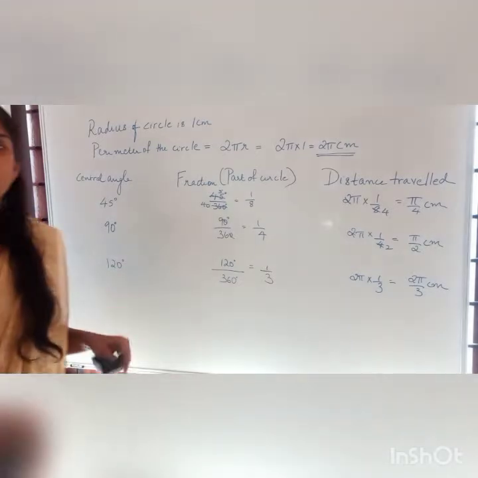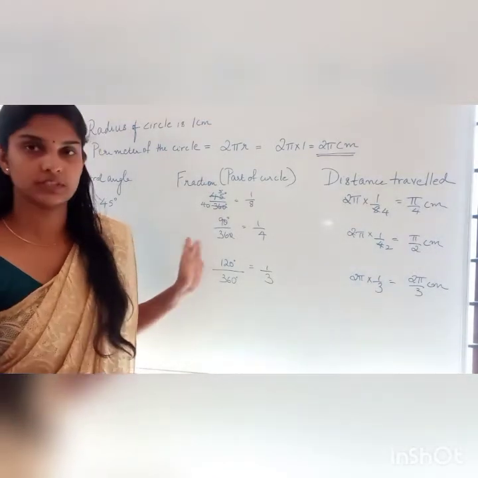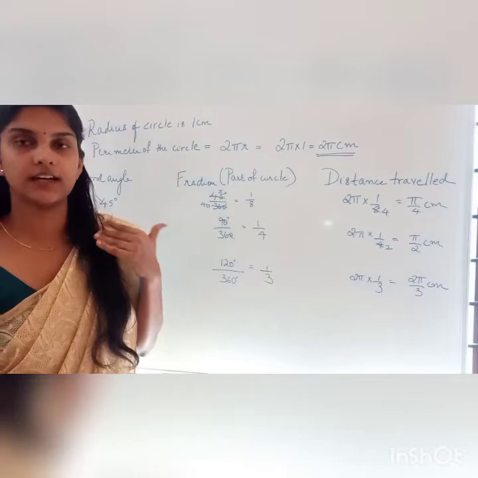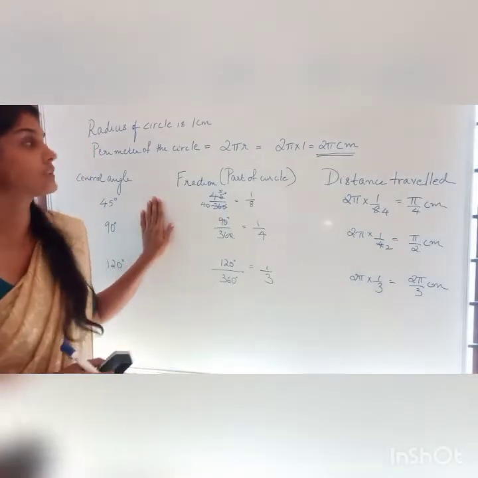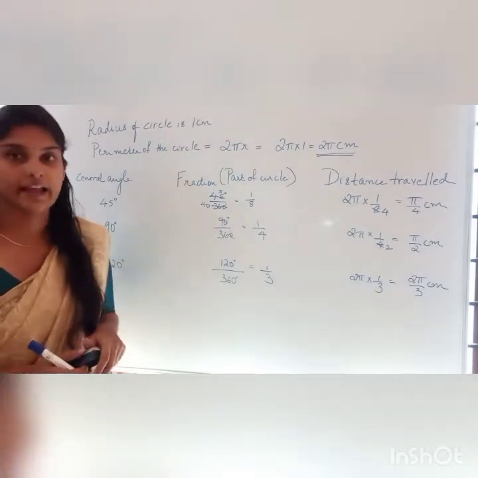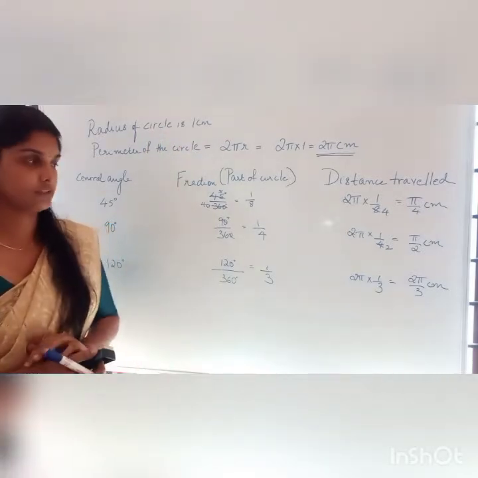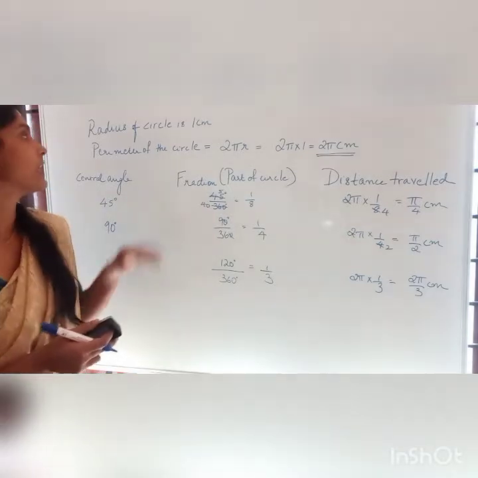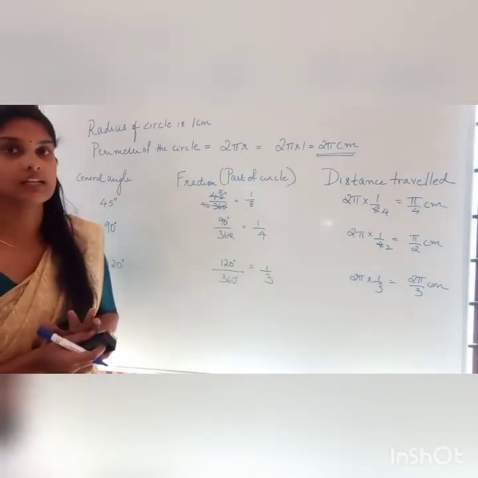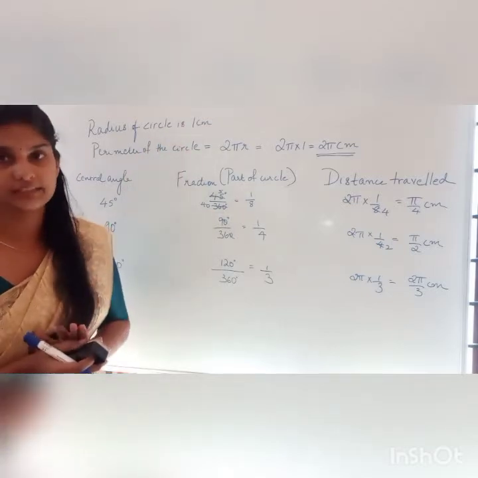Okay? Hope you will be able to do this because you did study this in the previous class. Okay? In this case, what was the radius of the circle? It was 1 centimeter. Okay? Now, let us see what happens if the radius of the circle is 1.5 centimeter.